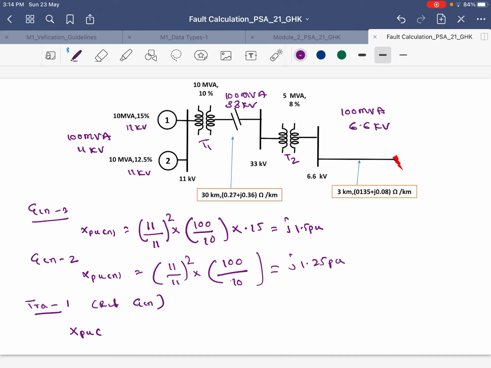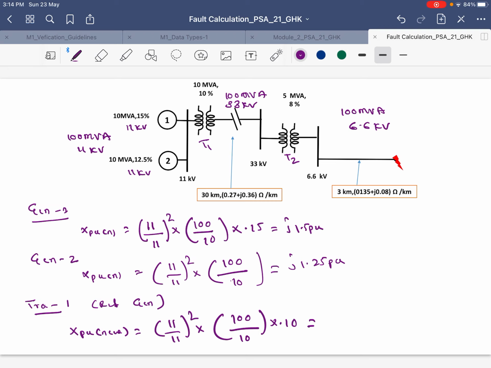Therefore, X per unit new is equal to kV old towards the generator side, 11, over kV new, also 11, whole squared, times MVA new 100, divided by MVA old 10 MVA into 0.10.